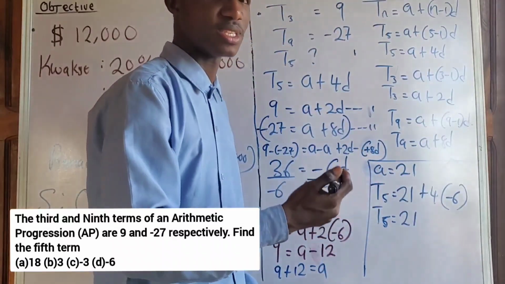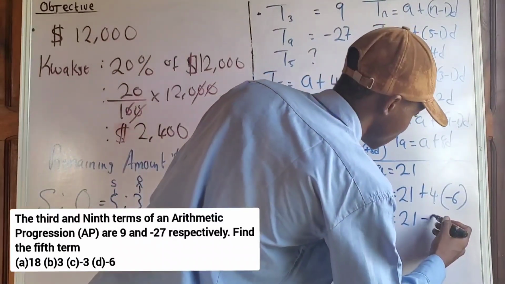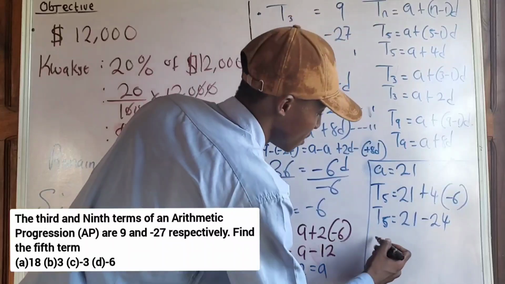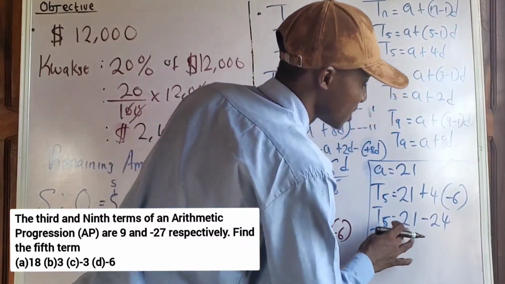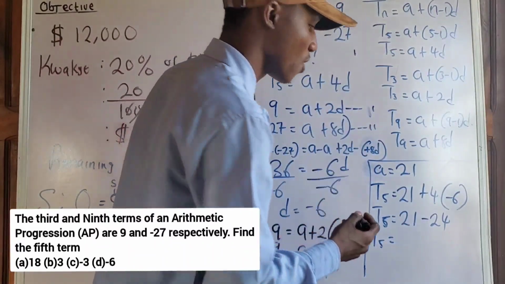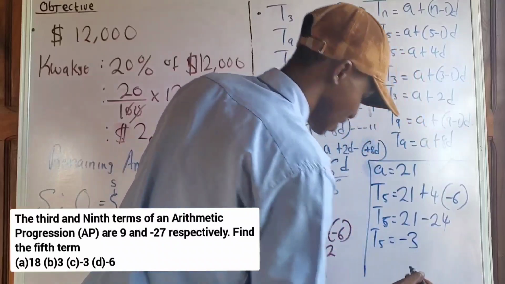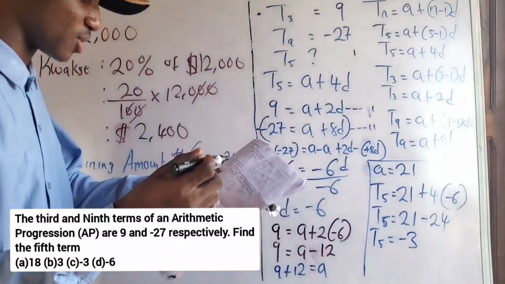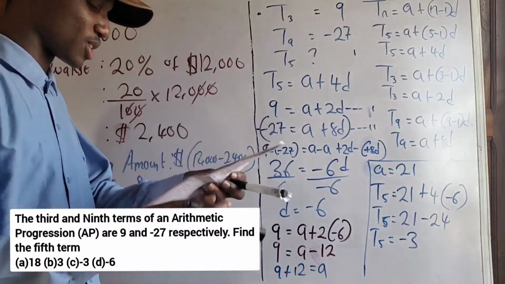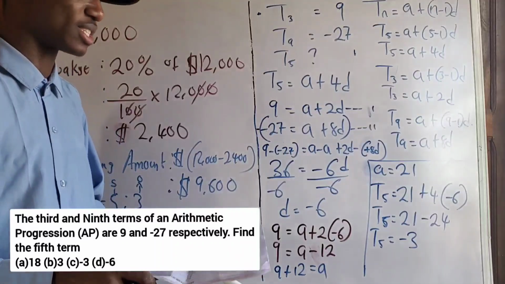Plus 4 times negative 6 is negative 24. The fifth term equals 21 minus 24, which is negative 3. So the fifth term is negative 3. The correct option to that question is option C, that is minus 3.